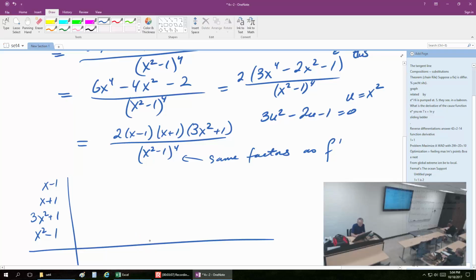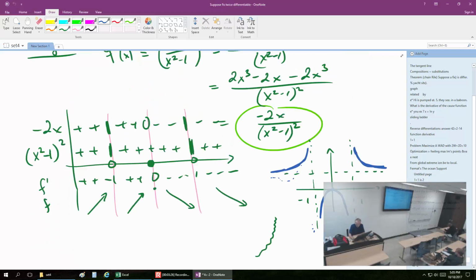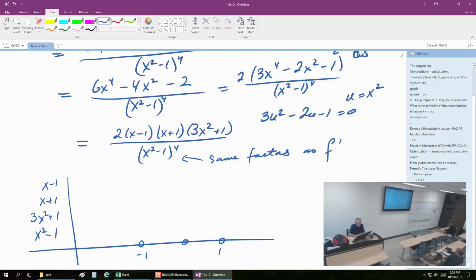Okay, so negative 1, hold on a second, negative 1 is a hole, and so is 1. We also had a 0, which is not here, but we do know that it is a hole in the domain. Then x minus 1 goes from negative up to 1, becomes positive. x plus 1 is negative up to negative 1, then becomes positive.